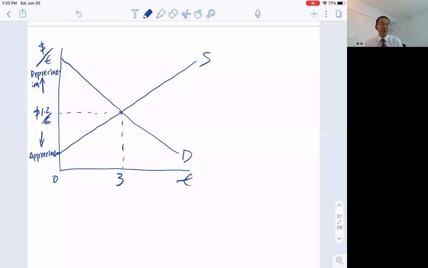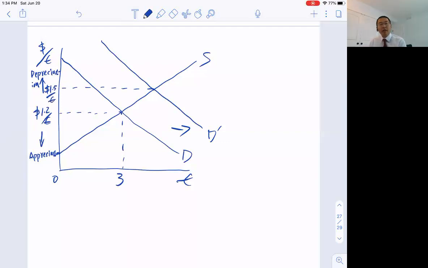Let's say they're the first ones that came up with a vaccine that actually works very well. So all of a sudden, Americans want to buy that vaccine, so that would increase the demand for euros. As a result, let's say your exchange rate goes to $1.50 per euro.